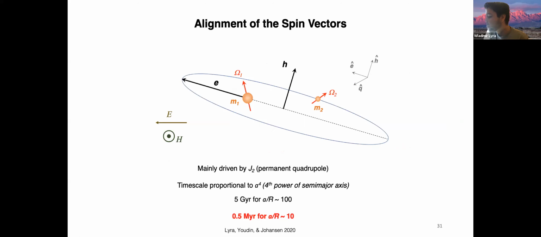Just a last point, even though I'm going over time, because it's important: you can also bring the spin vectors to alignment because the J2 quadrupole goes as the fourth power of the semi-major axis. So it's still very high, about 5 billion years, when the bodies are distant from each other. But you bring it down to 100 million years once the bodies get very close, about 10 radii.